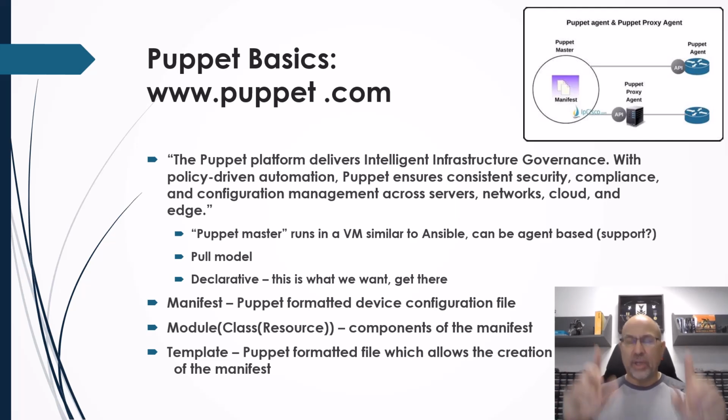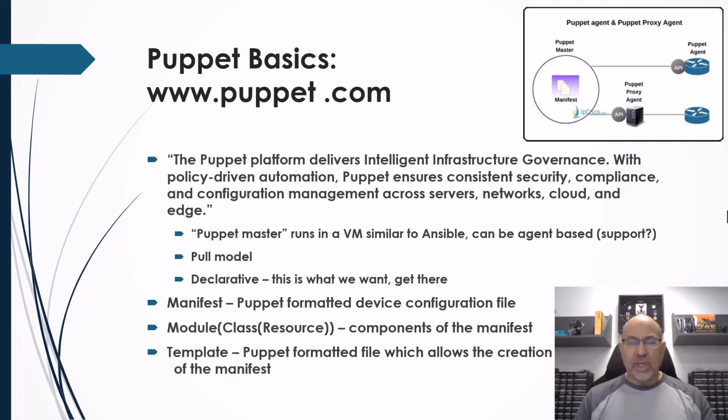And so if you look at the image above me here, right, there's an agent that's actually sitting on the device, or maybe a proxy agent. Puppet has the ability to run with an agent or quasi-agentless. And this is declarative, meaning that we're here in a config and we want to get there. Please figure this out for me.